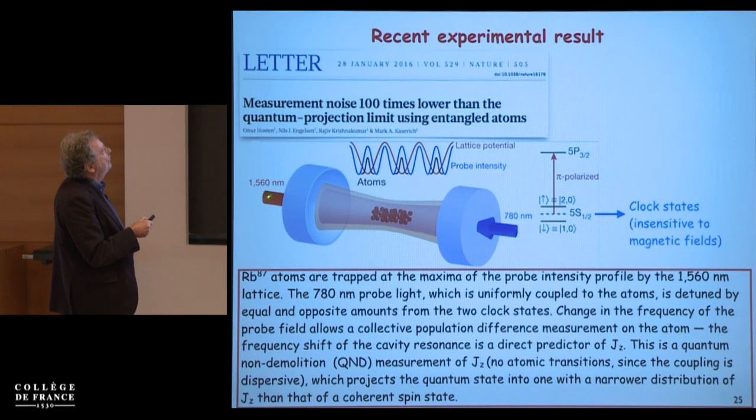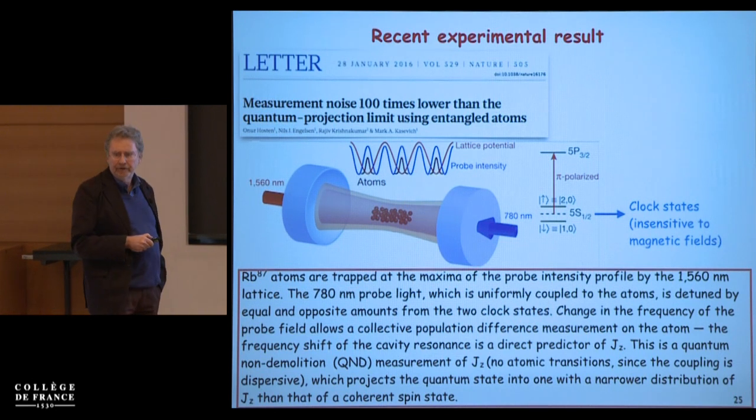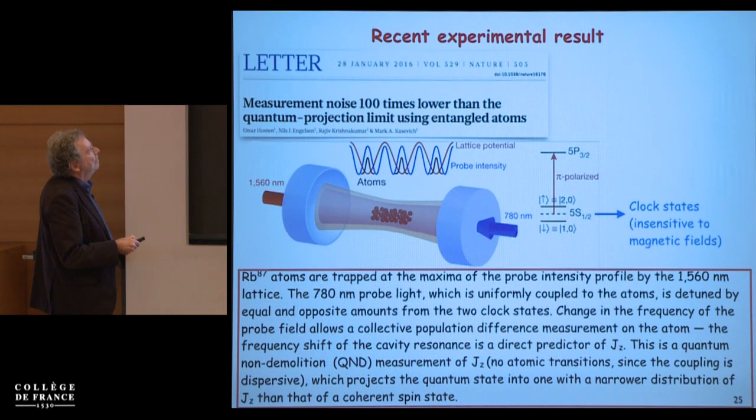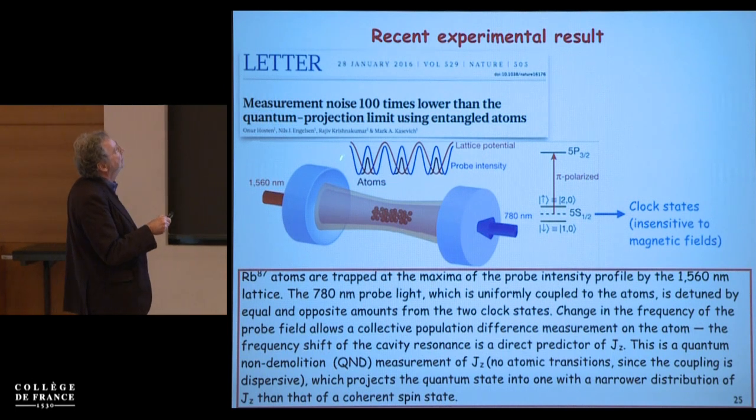This beam here, which is painted in red, corresponds to this wave here. This is actually a lattice potential. It traps atoms in the minima of the intensity. You have here a probe field that's represented by these blue waves. It has a wavelength which is half the wavelength of the lattice field. So you see that that's clearly shown here.